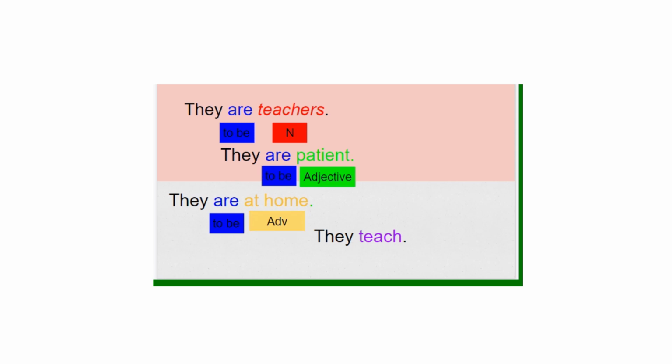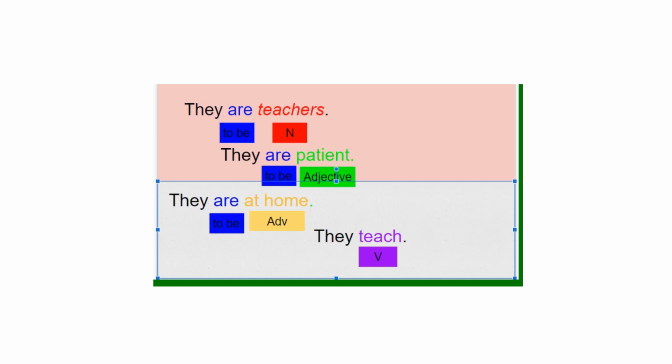They teach. Kita lihat di sini, ya. Are adalah to be yang diikuti dengan bisa kata benda, bisa kata sifat, dan bisa kata keterangan. Tetapi bila kita menggunakan verb bentuk dasar, ya, atau bentuk pertama, di sini kita tidak perlu menambahkan to be, is, am, are.